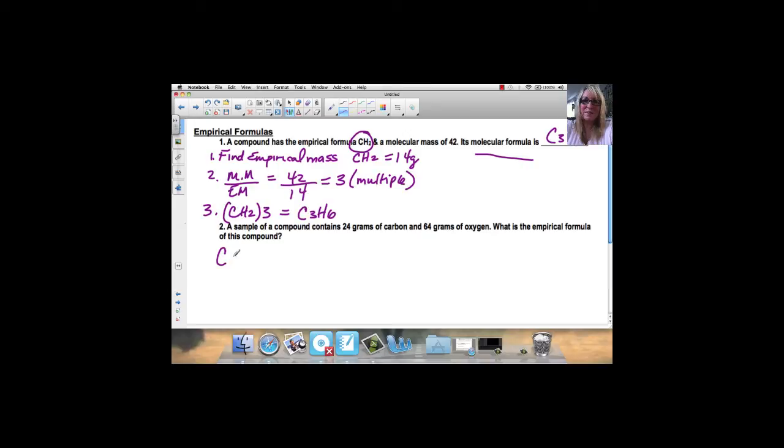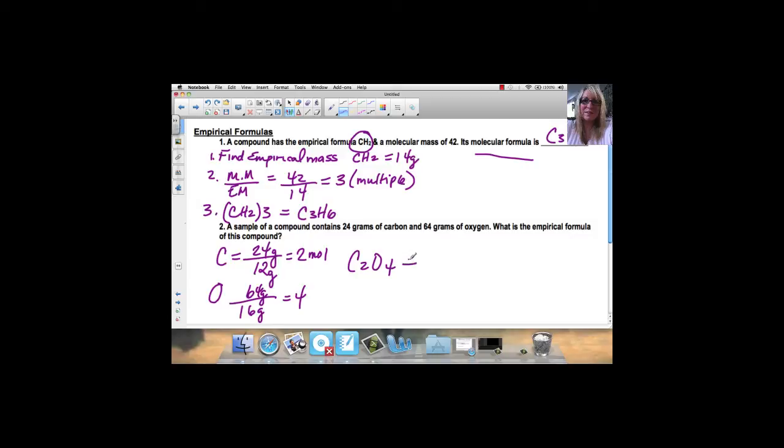So for carbon, moles equals given mass, which is 24, divided by the gram formula mass, which is 12. It's the mass of carbon, and that gives you 2 moles. And then for oxygen, you have 64 grams divided by the GFM, which is 16. This gives you 4. So your formula is C2O4.